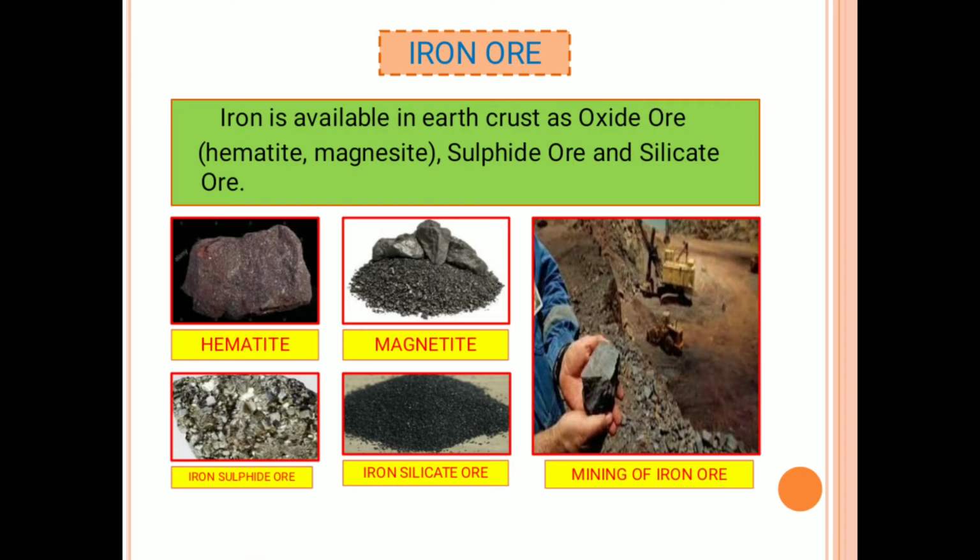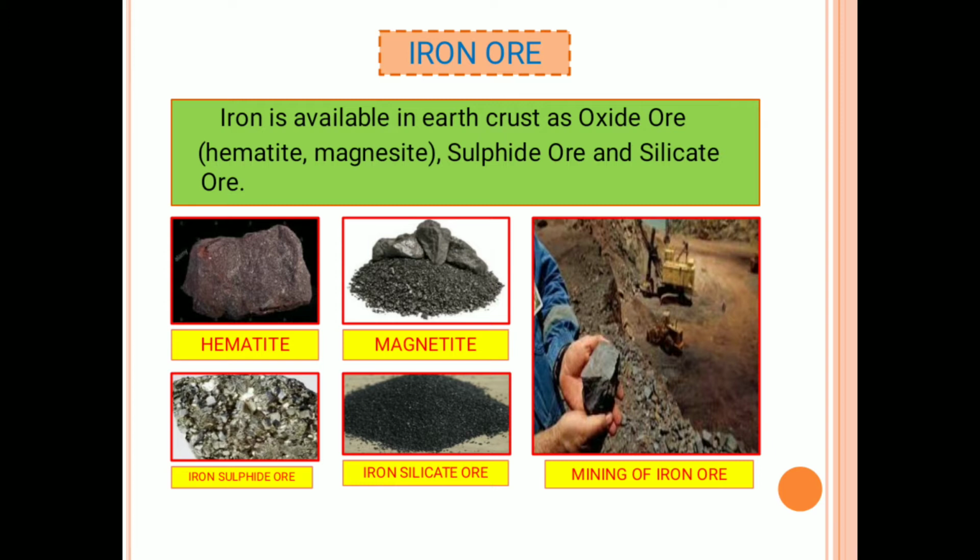In this topic, first of all, we need to know where the iron ore comes from. Generally, iron ore is available in the earth crust as three types.